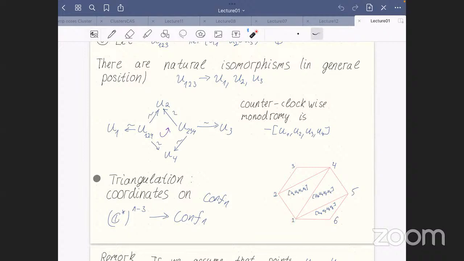Then if we take any triangulation of this n-gon, we can assign certain coordinates, namely a cross ratio corresponding to each diagonal in this n-gon. In this picture, we have 3 cross ratios. They are coordinates on the configurations, in this case, of 6 points on P1.